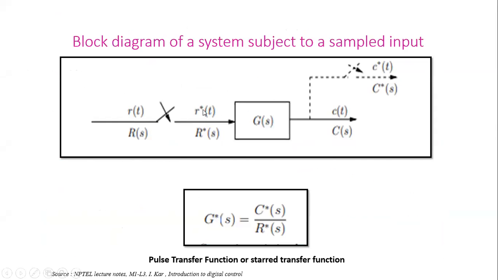In ordinary ways, I consider C of S, and C of S will be G of S into R star. But then this will be a mixture, right? You have one component which is digital and the other one is analog. So what is it that we do in pulse transfer function? In pulse transfer function, we prefer to relate R star with C star. And this is exactly what is pulse transfer function.